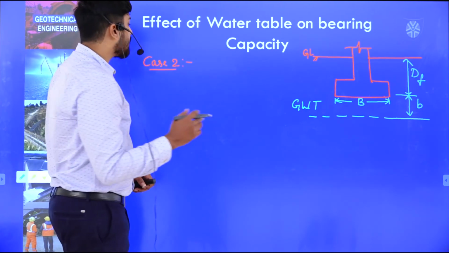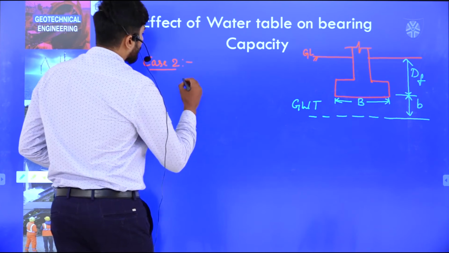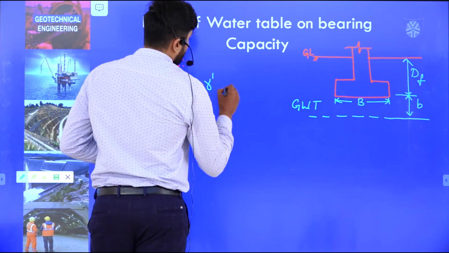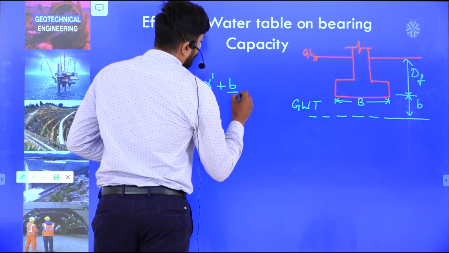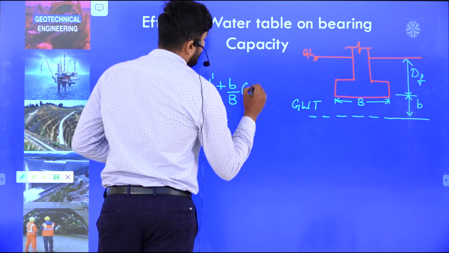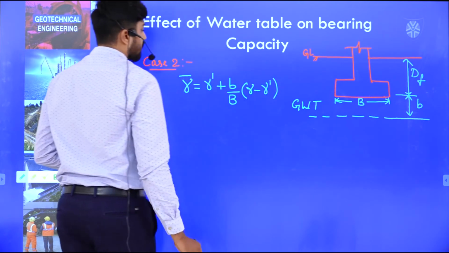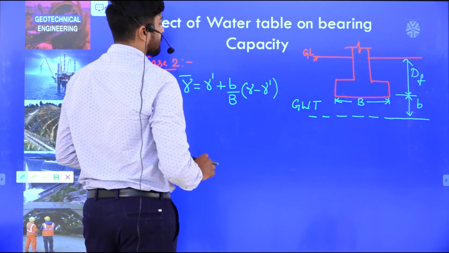That gamma bar is given by gamma dash plus small b by capital B into (gamma minus gamma dash). So this is the term that is changing now.